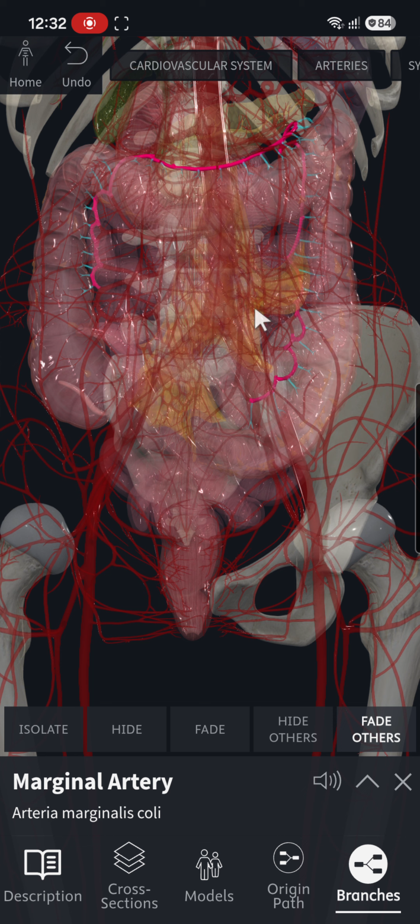Which creates a collateral circulation, so that if one of the major vessels, the right, middle, or left colic, gets ischemic or gets blocked, there is collateral circulation to the intestines, right? So this is the marginal artery, or the artery of Drummond. It connects the three arteries together.